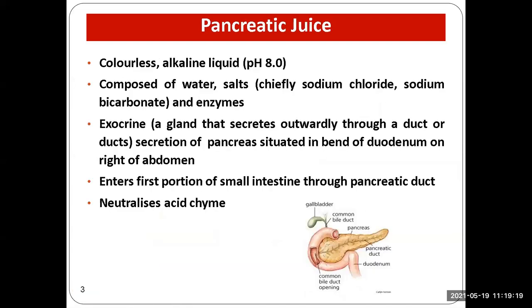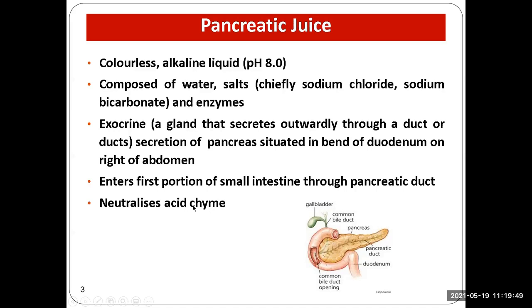Pancreatic juice is a colorless alkaline liquid composed of water and salts, the main ones being sodium chloride and sodium bicarbonate. The purpose of these salts is to neutralize the acidic chyme. After digestion, when the chyme is poured into the duodenum, it is highly acidic.